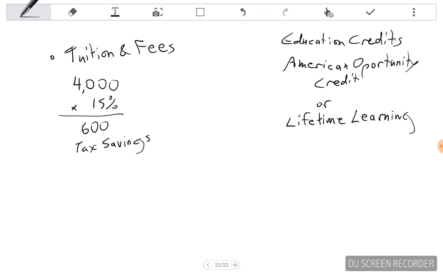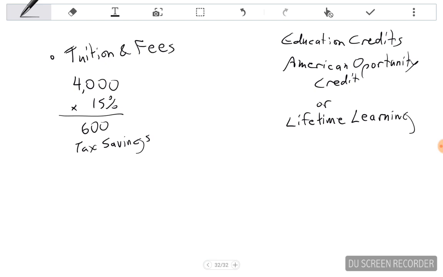Because remember, whatever you take as a deduction, the benefit is a percentage. Whatever tax bracket you're in, you're essentially saving that many pennies on the dollar. So if I take a $4,000 deduction, I'm going to save $600 in tax. So 10% of 4,000 is 400, plus half of that, so $600.